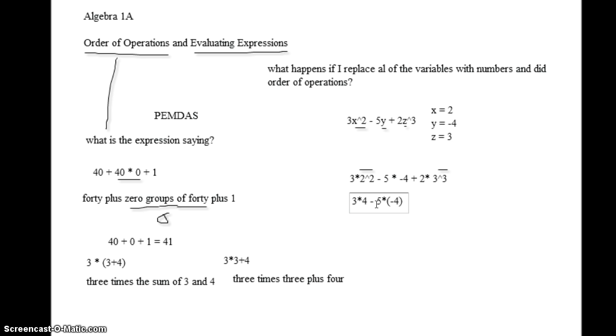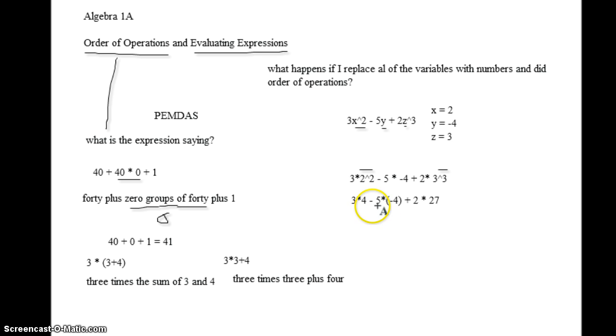Just because I'm putting parentheses around the negative 4 doesn't mean I do it first; it's just one number. Don't feel bad if you had to get a calculator for that last one. By the end of the year you'll be memorizing your cubes as well as your squares.